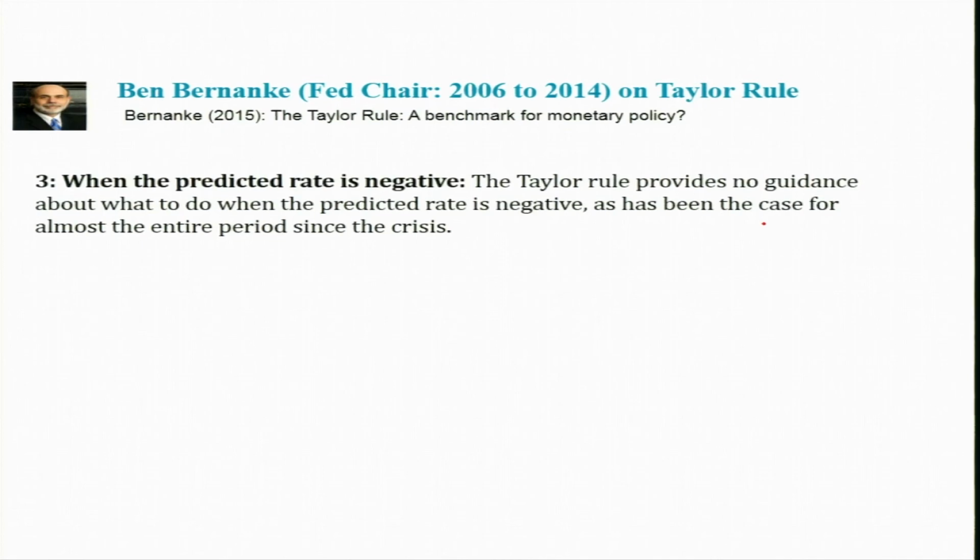That also won't work in the real world, especially in the US context. So no clear guidance is given. Also there is the zero bound problem. During crisis time, the Fed often reduces the Fed funds rate and even makes it 0 to 0.25.